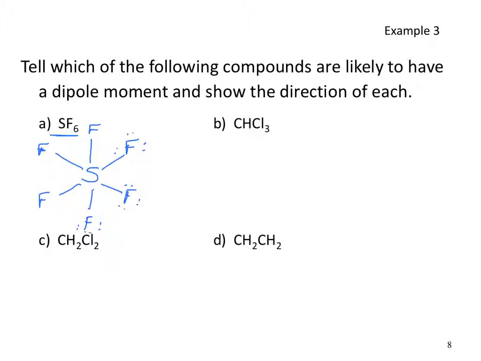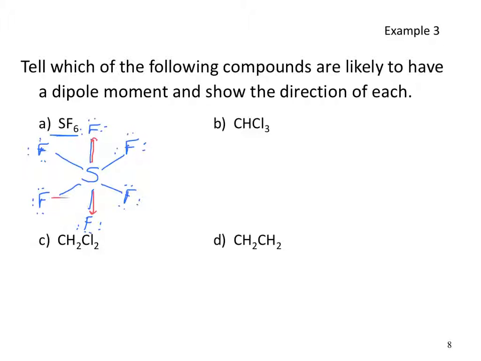So each of the fluorines is going to surround the sulfur in an octahedral shape. Whatever is the extent of pull in one direction, so for instance, fluorine is going to pull it in one direction, the fluorine in the opposite direction is going to pull it back.